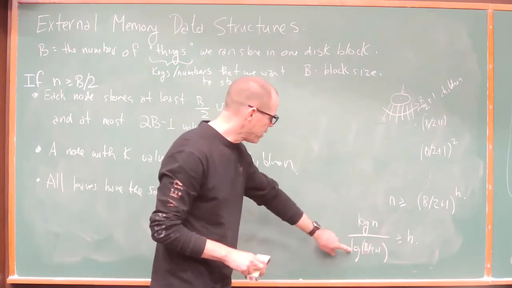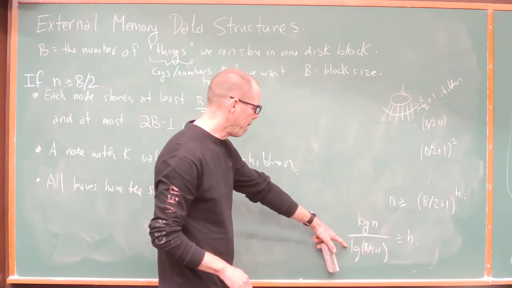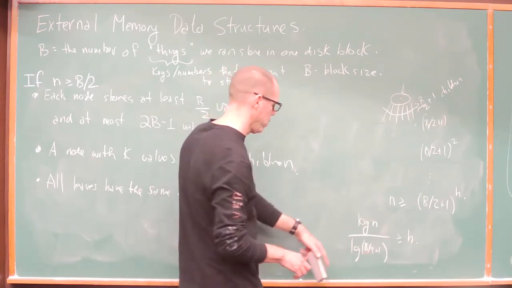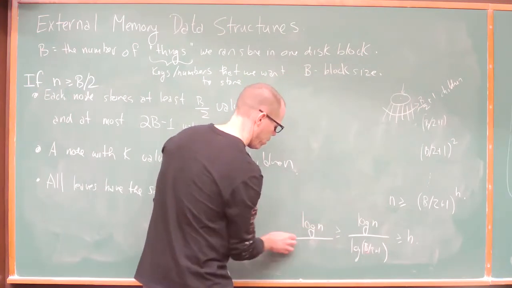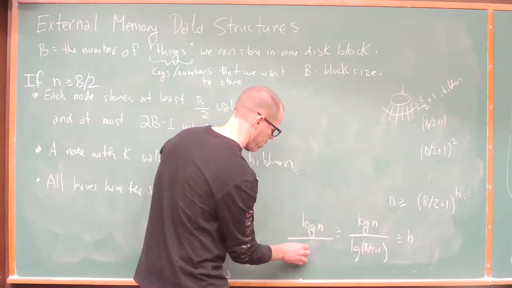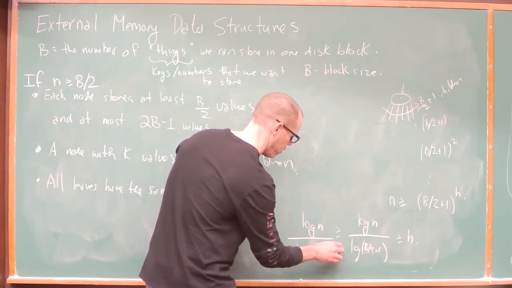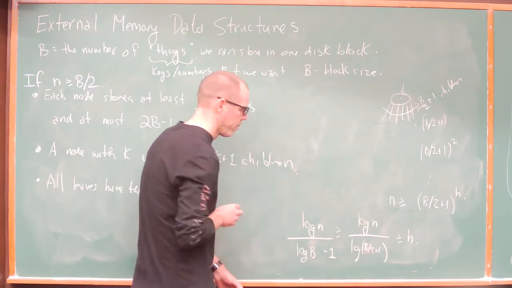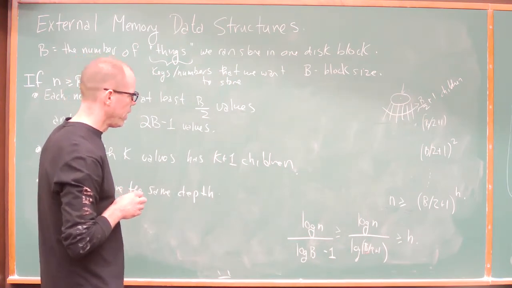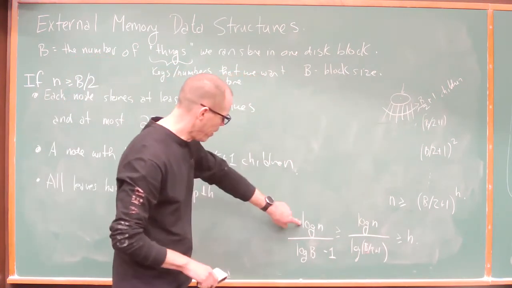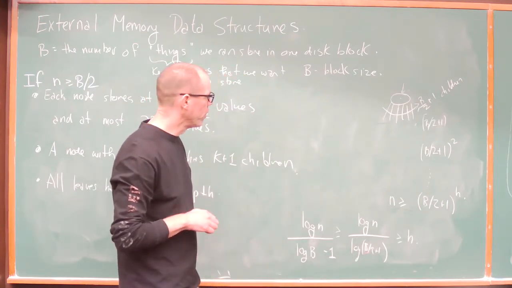In fact, this is at least log b minus 1. Okay. So you get a tree whose height is about log n divided by log b. What we were searching for, what we were hoping for.